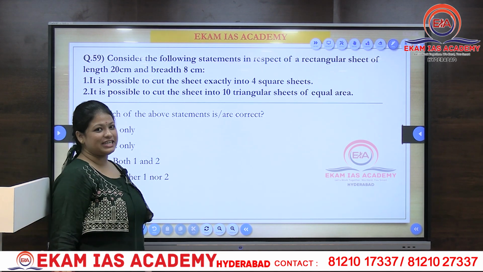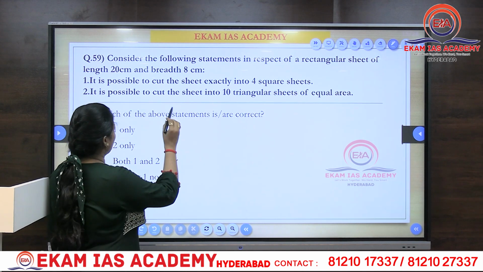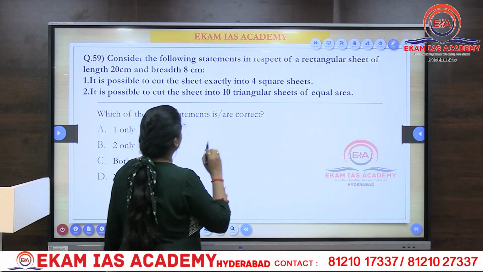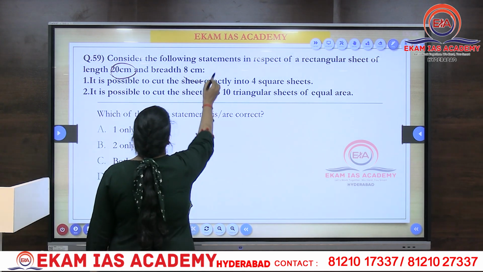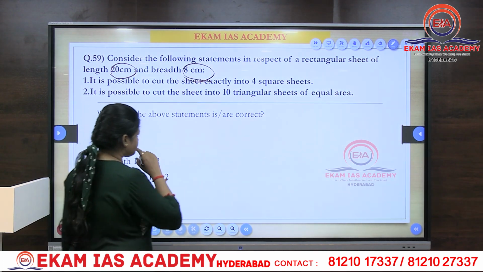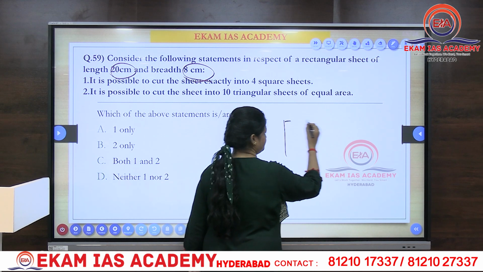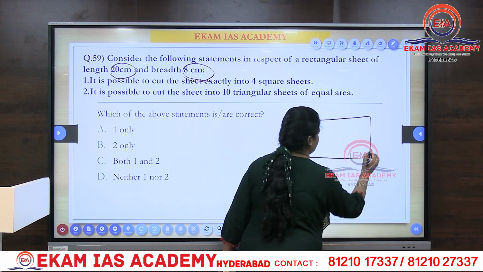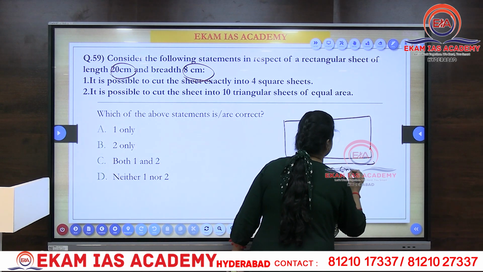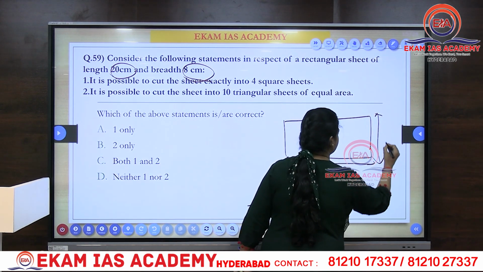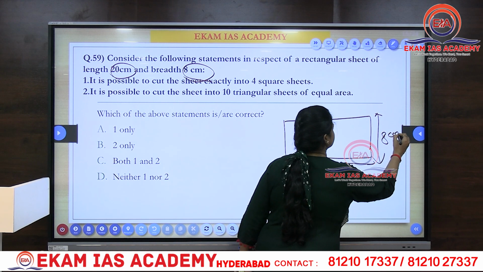Okay, moving on to the next question. Consider the following statements in respect of a triangular sheet whose lengths are 20 centimeters and 8 centimeters. We'll take a triangle here. This is 20 centimeters. This is 8 centimeters.